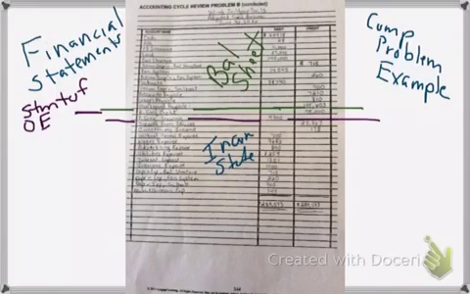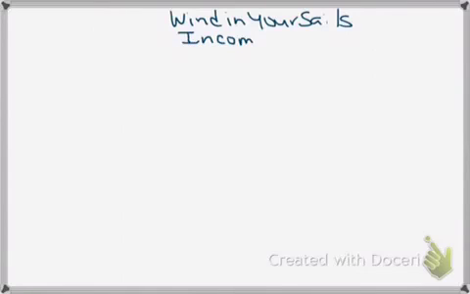Now the first statement that we have to create is the income statement. In looking at the income statement, you have to do the header. So I'll have the title, which is Wind in Your Sails. I then will have the statement name, which is Income Statement.